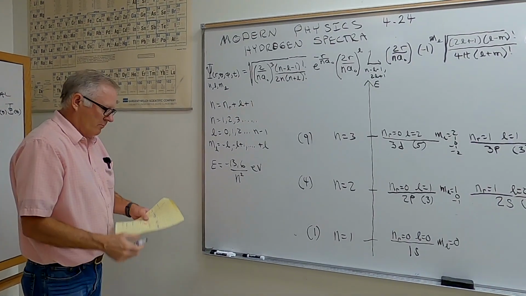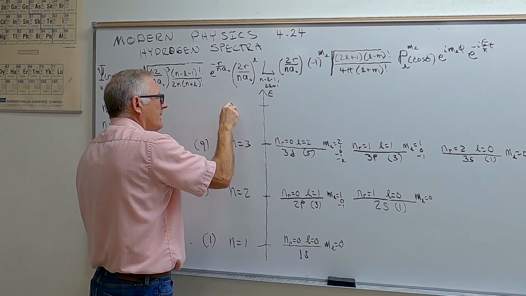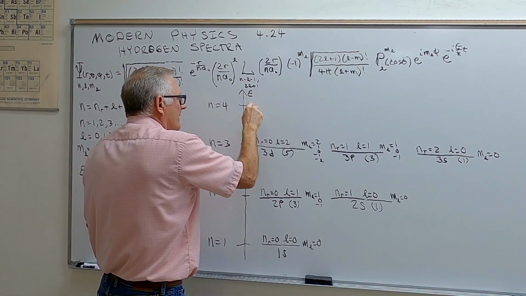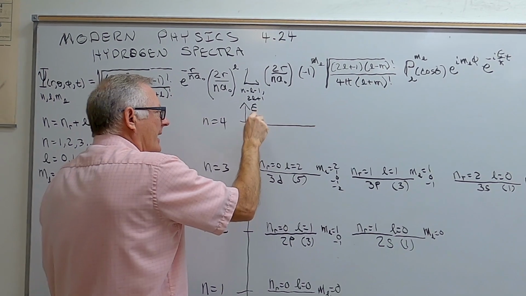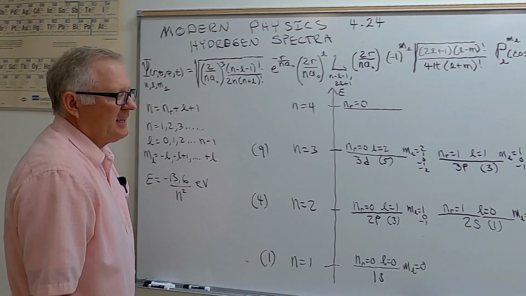Well, let's try one more here. n equals 4. Again, n sub r could equal 0. That would mean L equals 3.